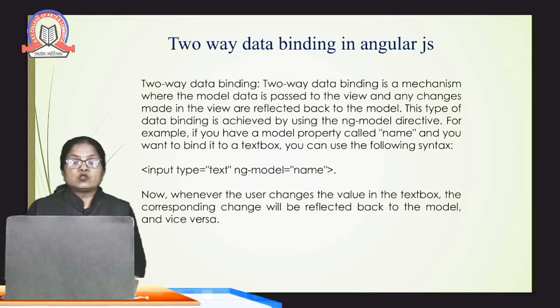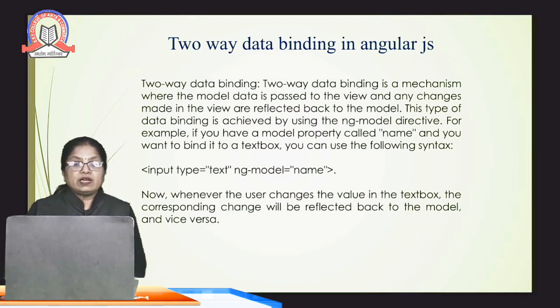The second is two-way data binding. In this data binding, the model data is passed to the view and any changes made in the view are reflected back to the model. This type of data binding is achieved by using the ngModel directive.